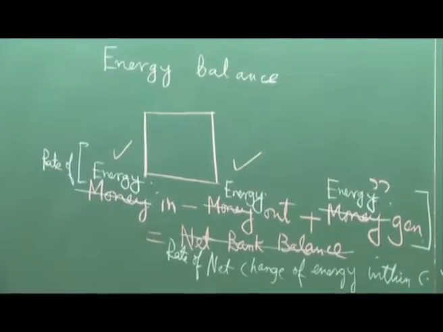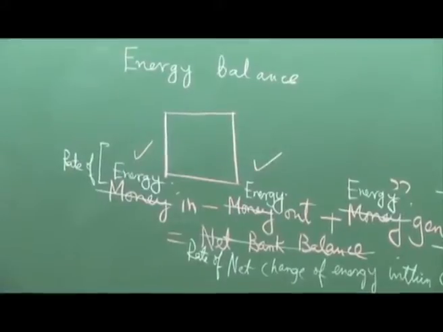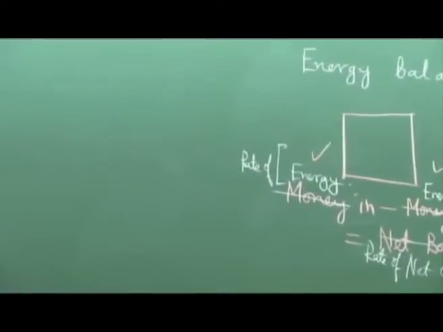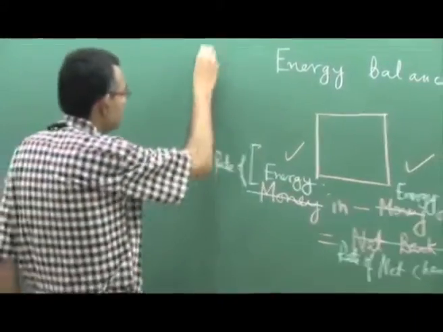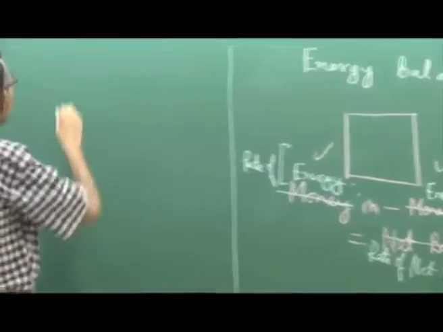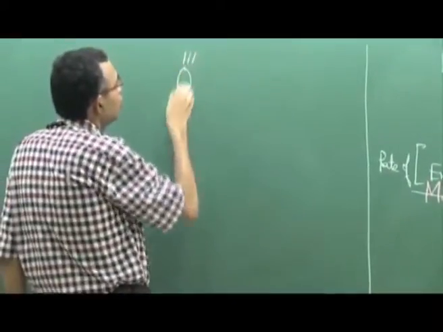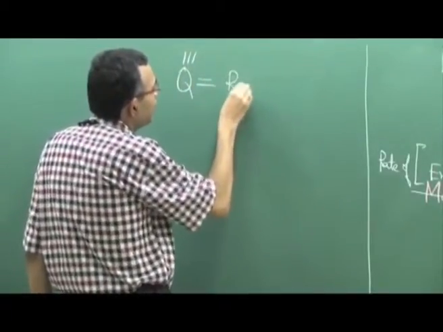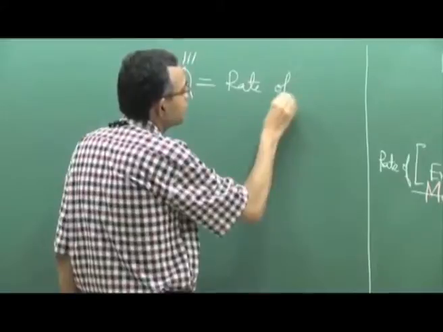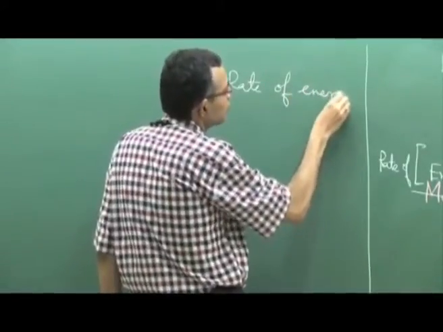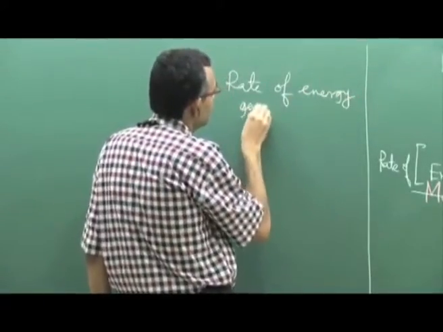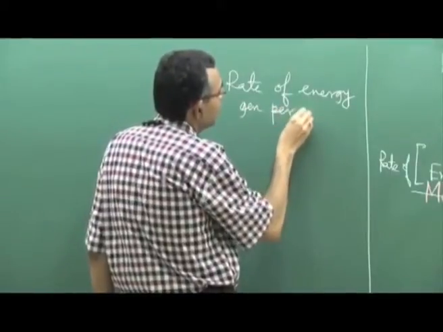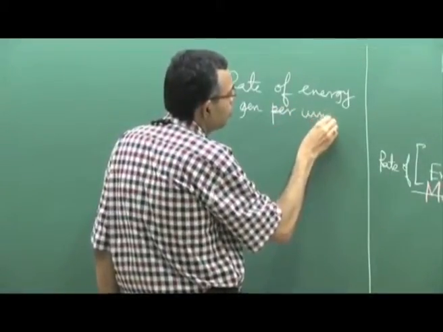Then we will write energy generated. So, for energy generated, we typically consider this as rate of energy generation per unit volume.